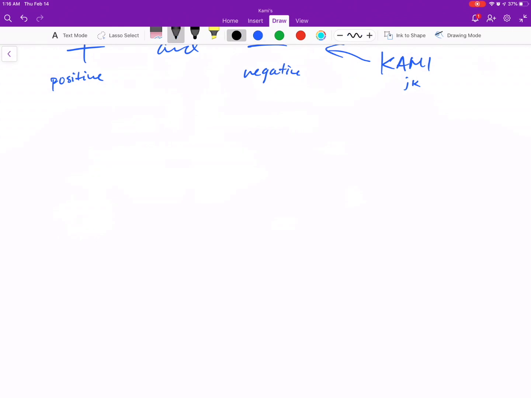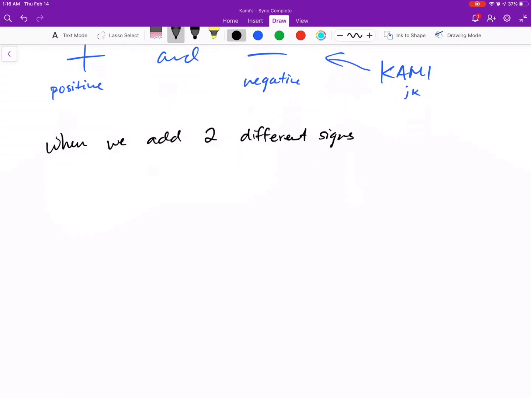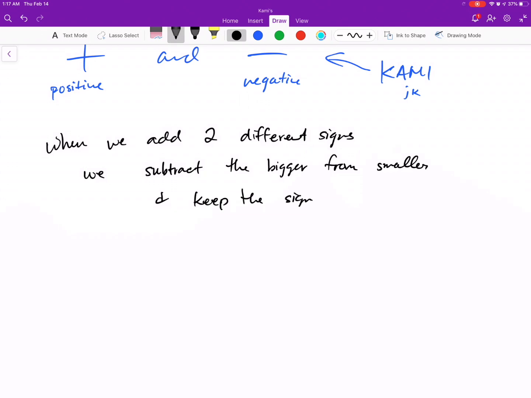Alright. So, when we add two different signs, we subtract the bigger from smaller and keep the sign of the bigger.